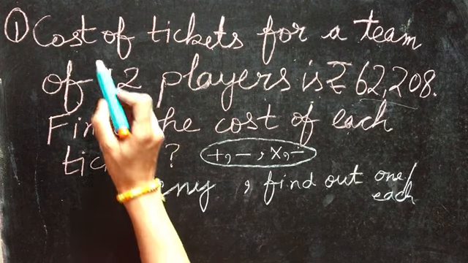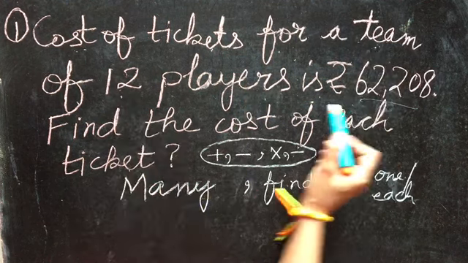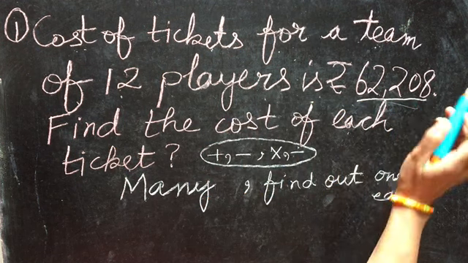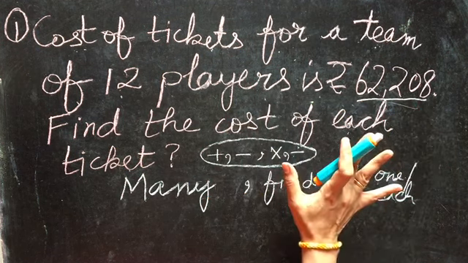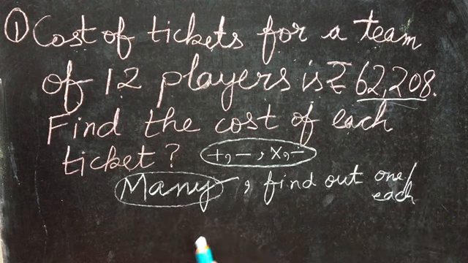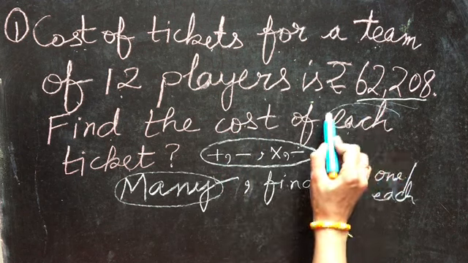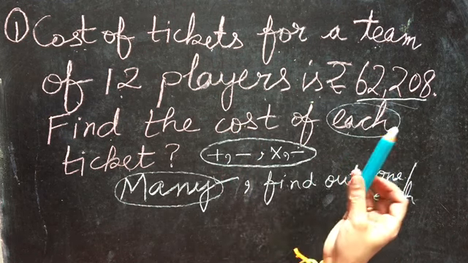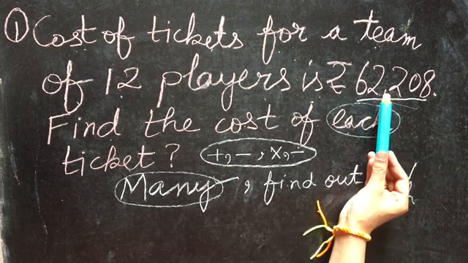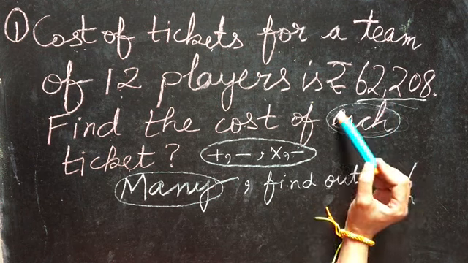Now, you can see here also the cost of tickets for a team of 12 players. So, this is the cost of 12 tickets, fine. So, many is given, and you have to find the cost of each, that is, one. The cost of many tickets is given, and you have to find out the cost of one.